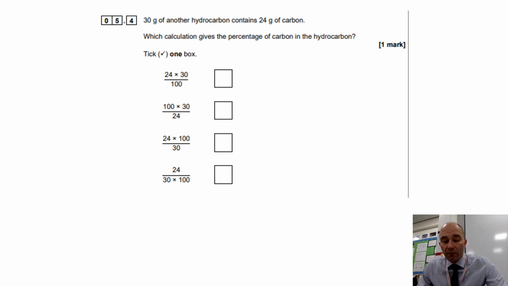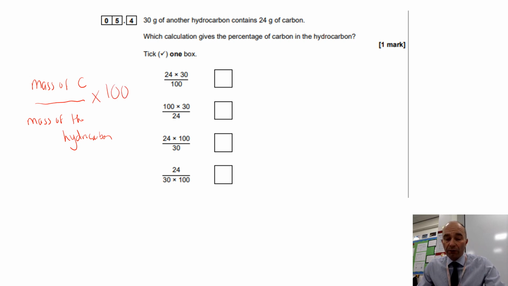So here, to work out that, you would want to know the mass of carbon, and you would divide that by the mass of the hydrocarbon. So that would give you the fraction, but you'd want to turn it into a percentage. So you'd multiply that by 100.